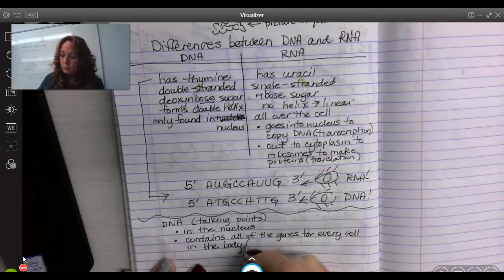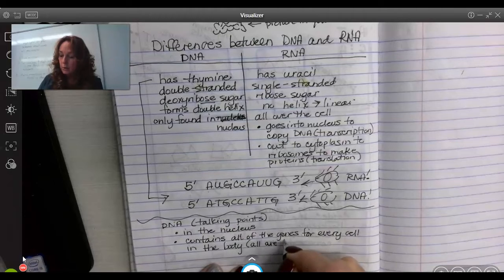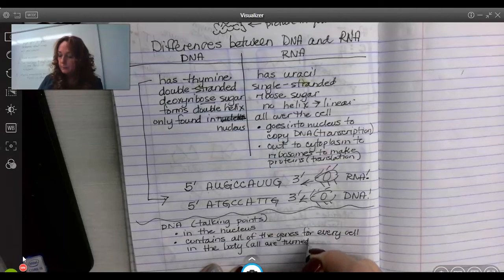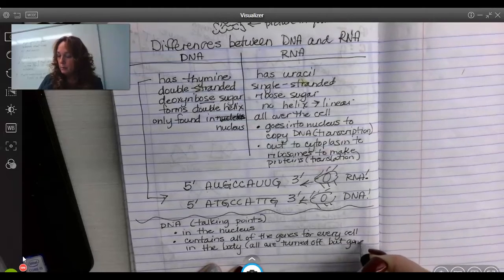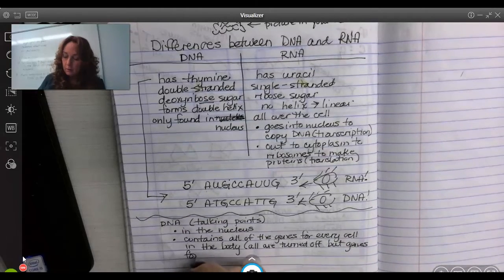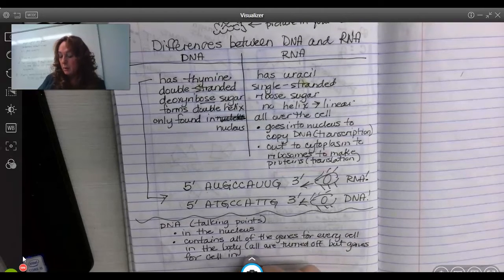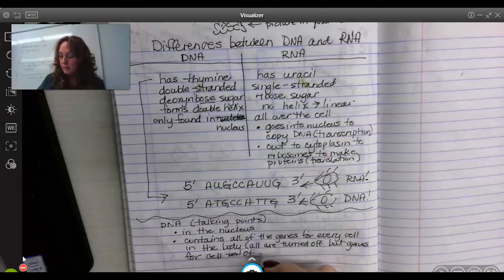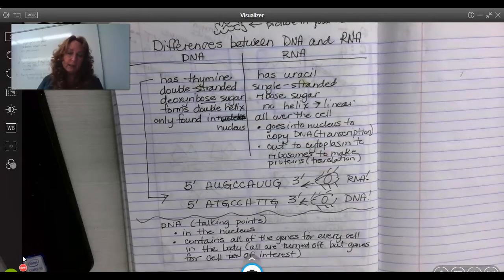And I may just want to put a little note here that says all are turned off, except the genes for the cell of interest. If you're talking, they always say stuff like that, gene of interest, cell of interest.